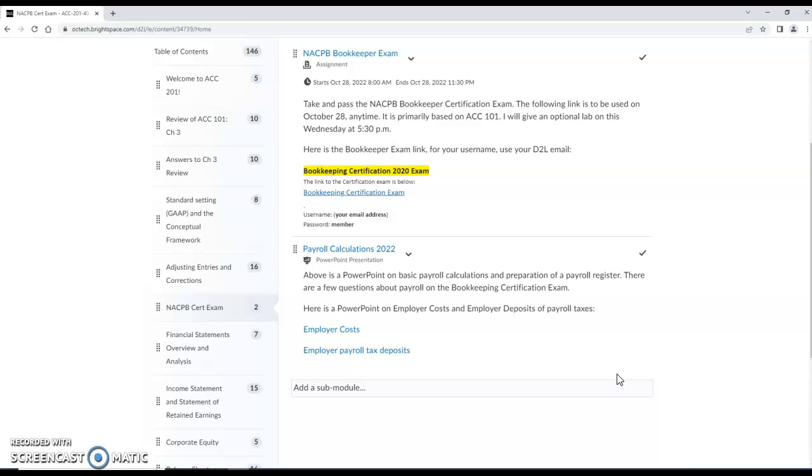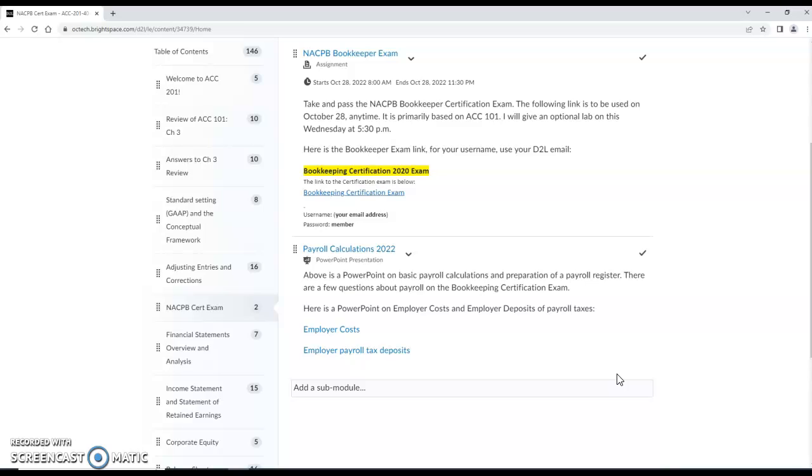We do go over some of it in Accounting 116, and of course, we also have a payroll class. So if you've had those, then you may not need to look at this stuff here.